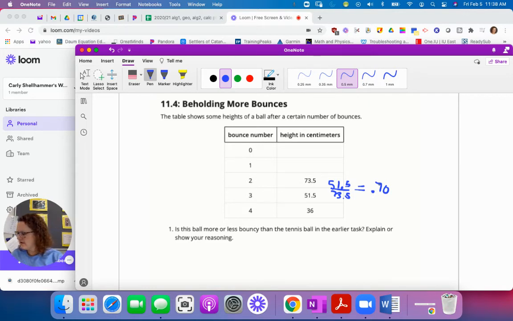And then 36 divided by 51.5 is 0.699. So 36 divided by 51.5 is also 0.70.